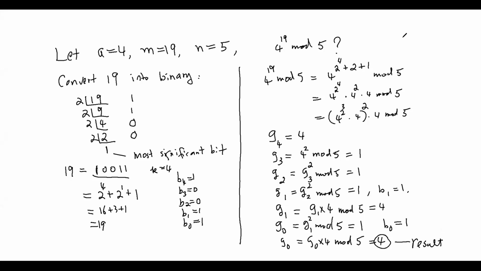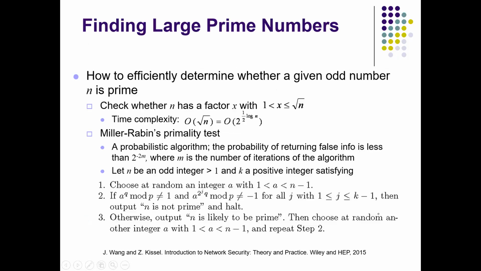Okay, so now let's go back to the next slide. It's finding large prime numbers, because in RSA or in Diffie-Hellman, we will need to find large prime numbers.